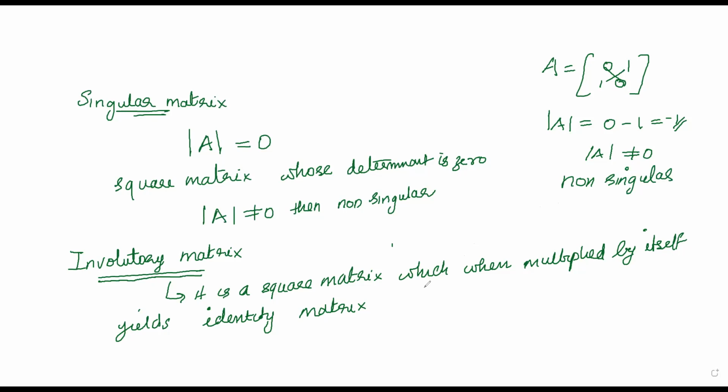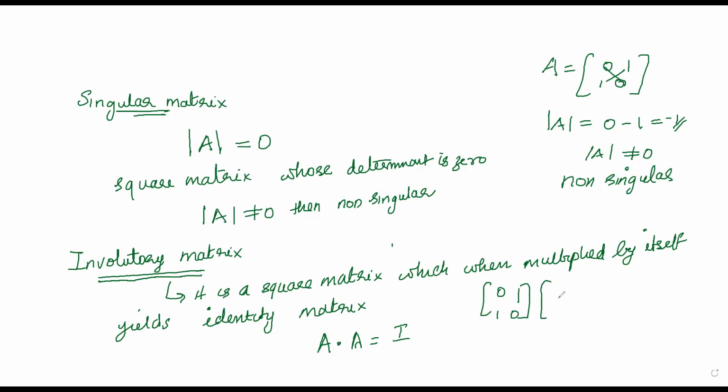Next, let's see whether this is an involutory matrix. How can we check? Involutory matrix means if we multiply the matrix by itself, we have to get the identity matrix. So the matrix given is [0, 1; 1, 0].